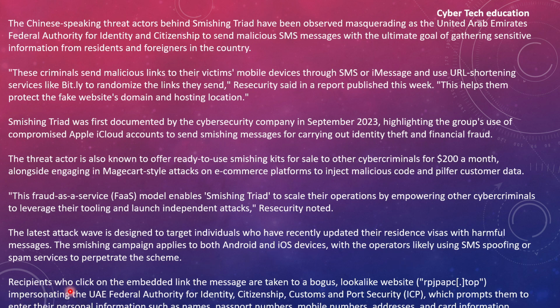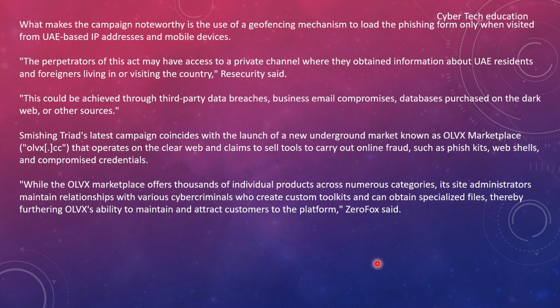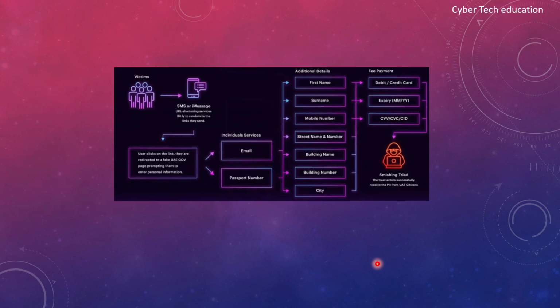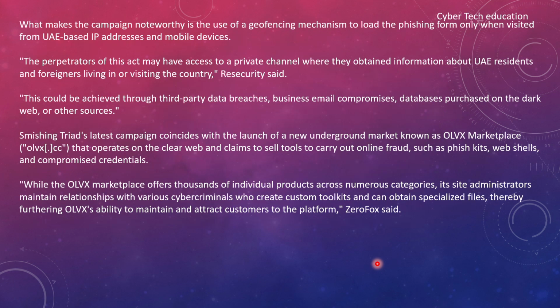When the recipient clicks on the embedded link, the message takes them to a lookalike website impersonating a UAE federal authority for identity and citizenship. It prompts for personal information such as names, numbers, and addresses.